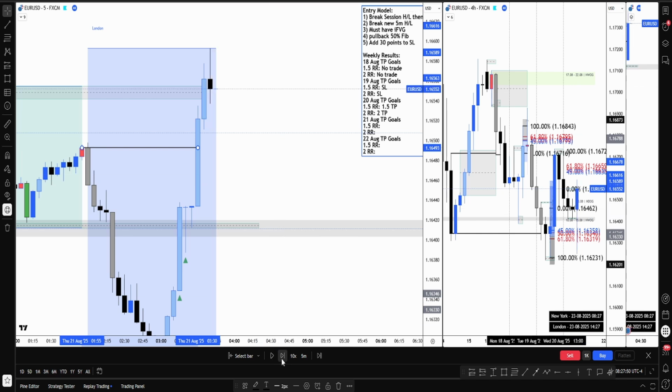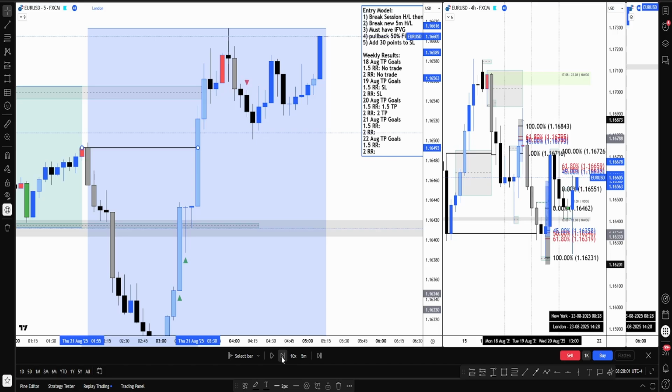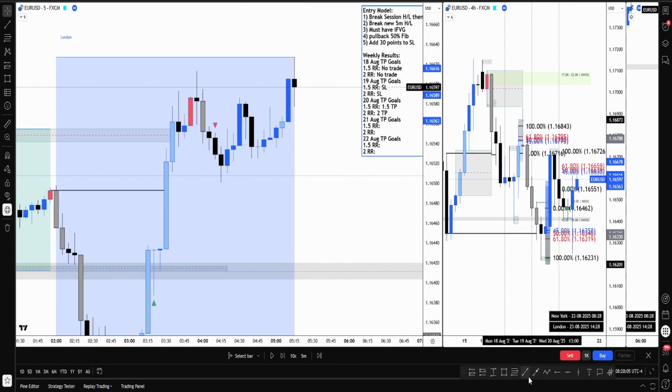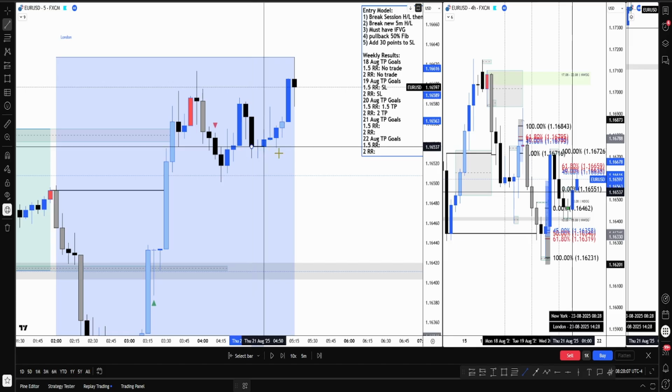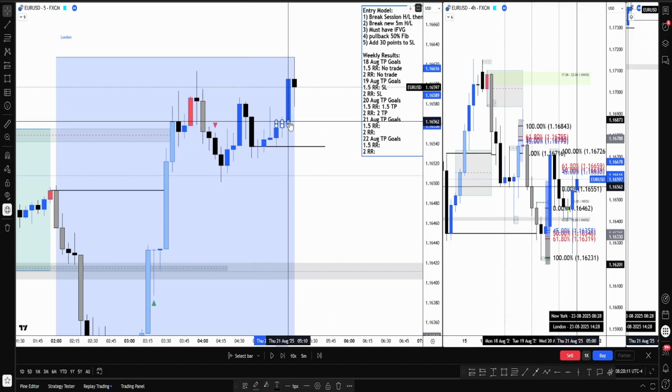All right, let's move forward. Okay. Right, we broke this high. So this is now the new low to focus on, because there is an inverted fair value gap right here.